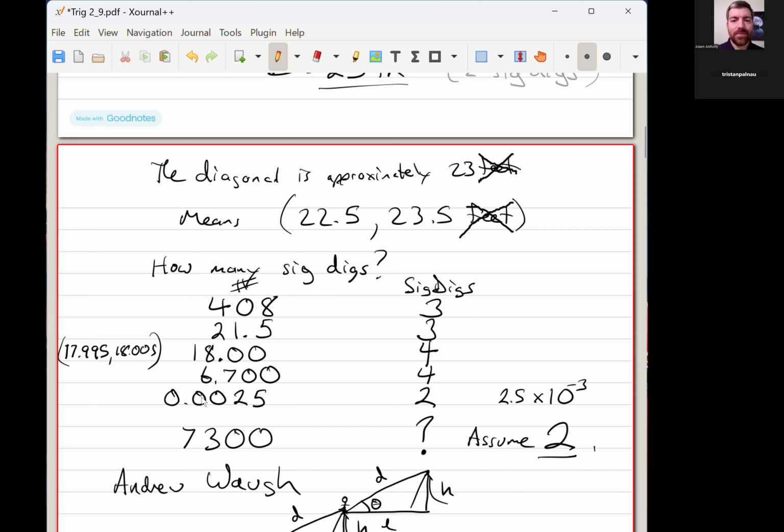If there was a one in the tenths place here, then there would be four, right? Because all the digits would be significant. Anyway, so you got to think about that as we measured down to the, what is that? Tenths, hundredths, thousandths, ten-thousandths, right?